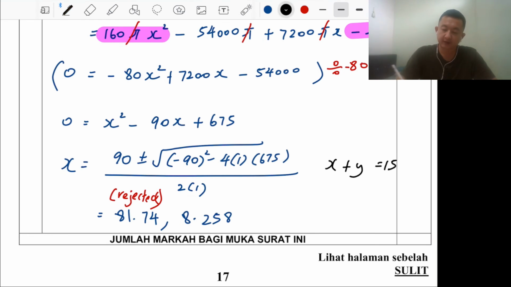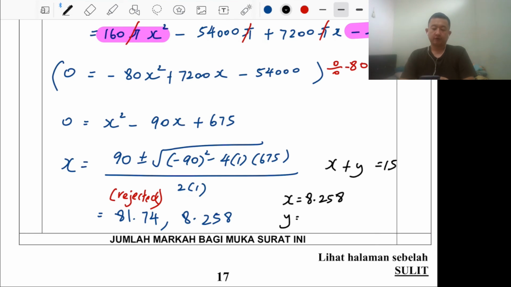Then we find the value of y. So x is 8.258 and y should be 15 minus this value, 6.742. So this is the value for x and y.